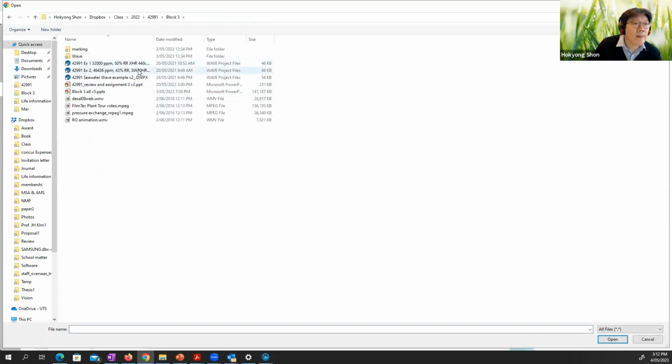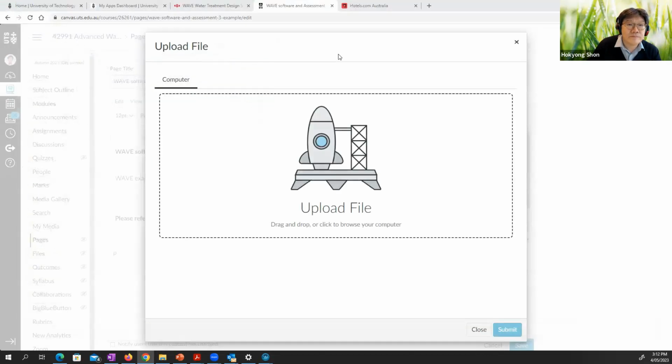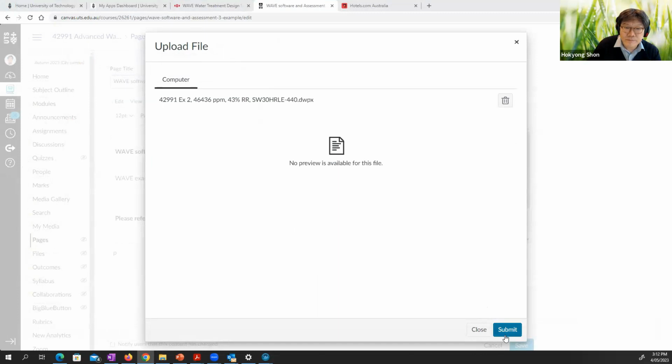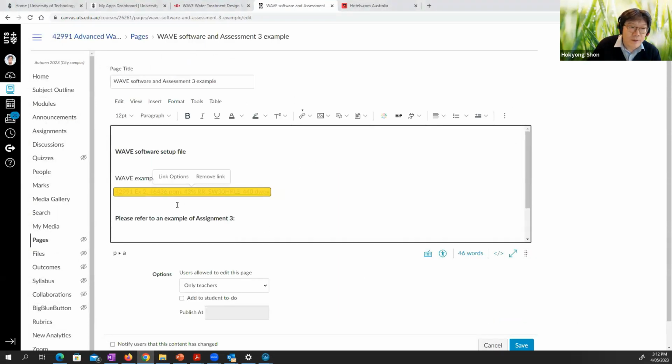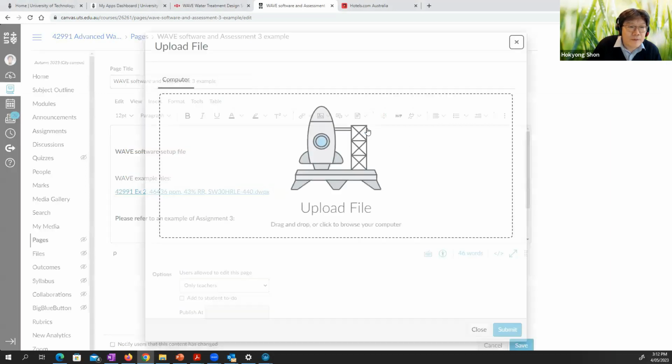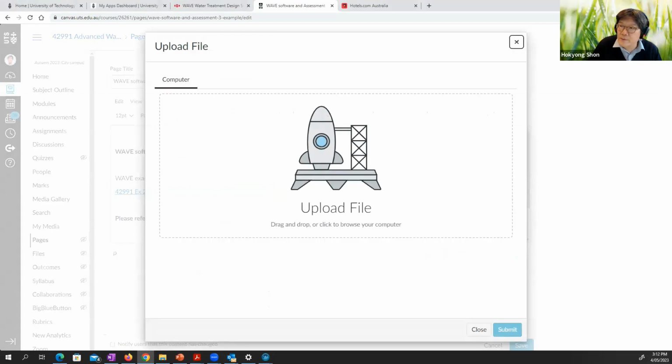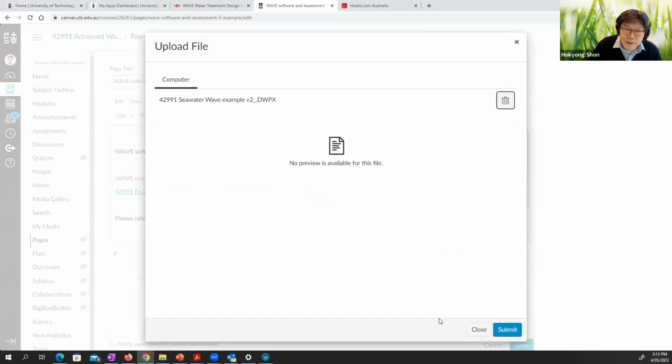Super step. Yeah, this one. And can you download this file to see whether it works better?